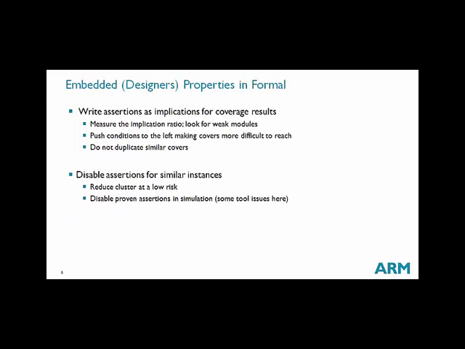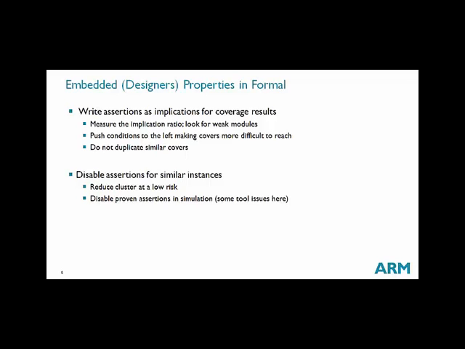So we have some rules which are mostly used for formal verification, and we ask the designers, for example, to write assertions using implications. Usually an assertion can be written in English with something such as, if A happens, then B must happen.